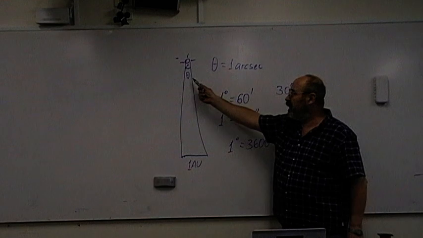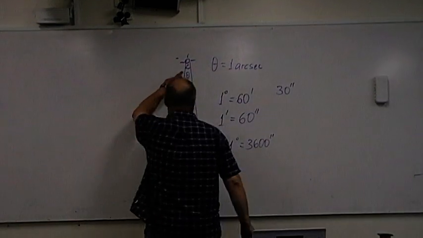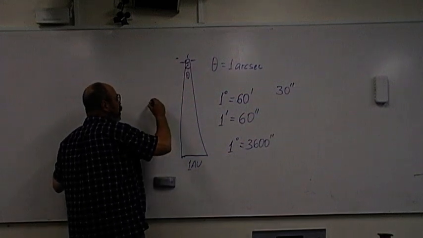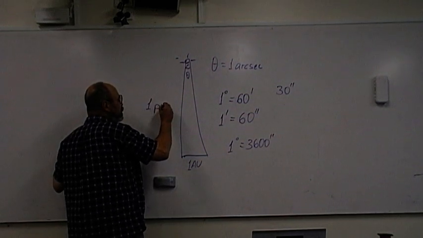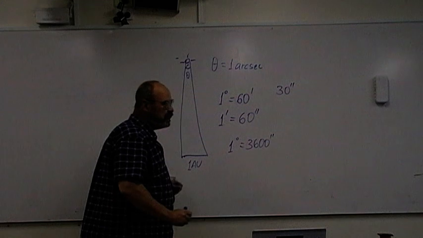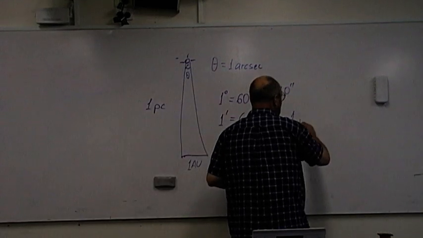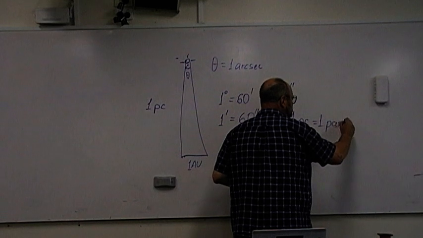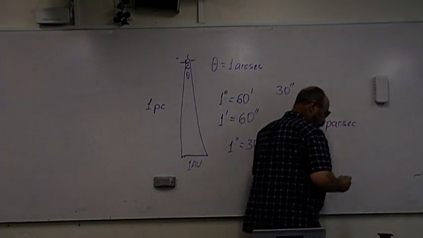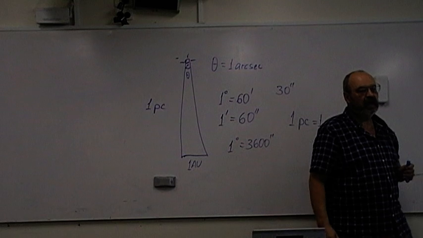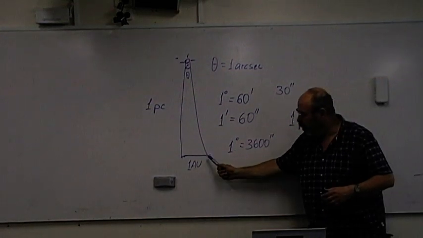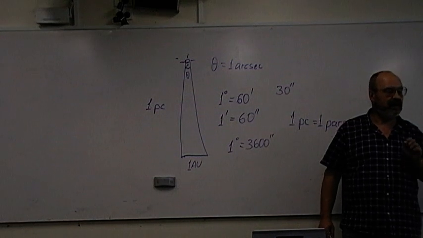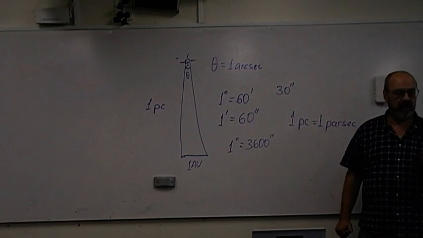And if this angle equals 1 arc second, then this distance from star to Earth is called 1 parsec. 1 PC is called parsec. So 1 parsec is a distance from which the radius of Earth orbit will be seen at the angle of 1 arc second.